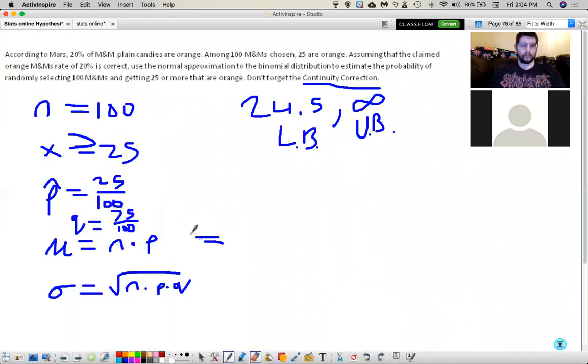So we use the p, not p hat. That makes q 0.8. Sorry about that. So we're going to use the p and the q, not the p hat. The p hat is what gives us x. We don't even need p hat for these things.